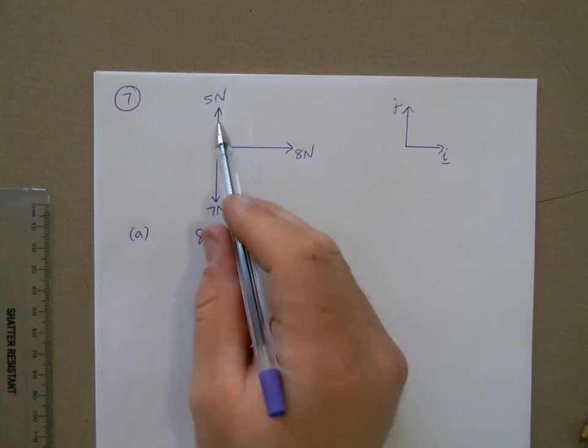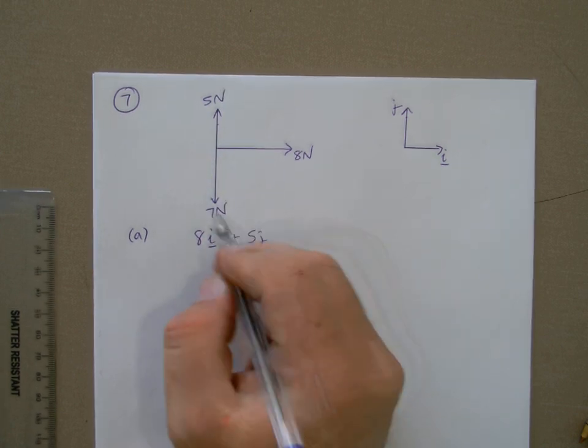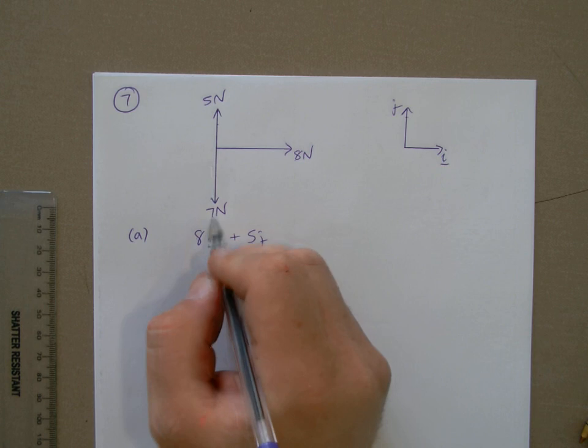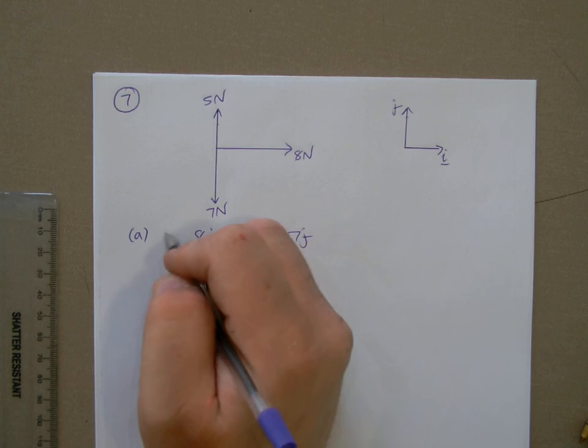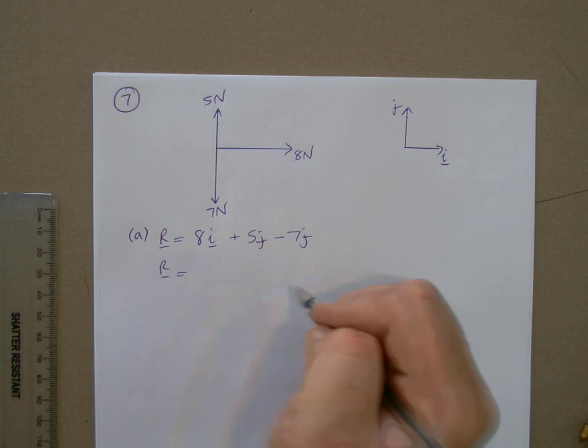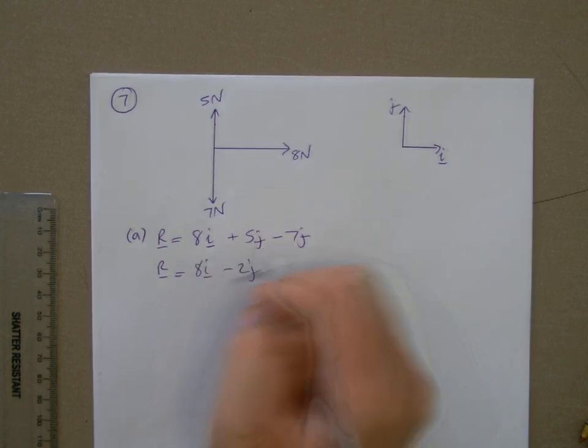So we've got 5j there, going in the positive y direction. However, this is going in the negative direction in terms of the y-axis, so we can take away 7j there. So the resultant force, we can call this anything, we can call it R if we want to, will be 8i minus 2j when you put them together.